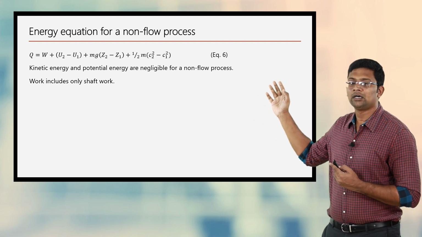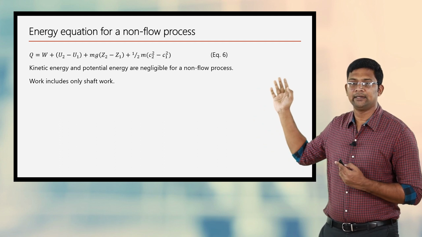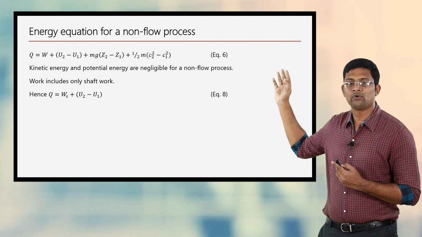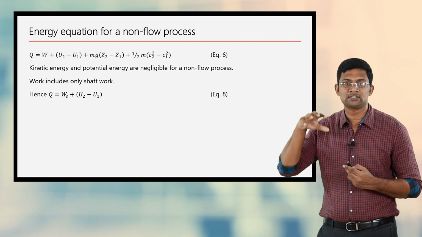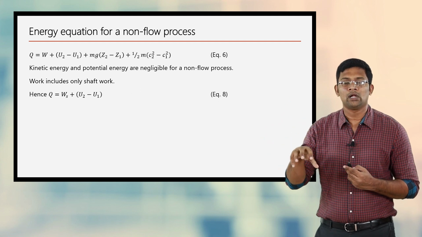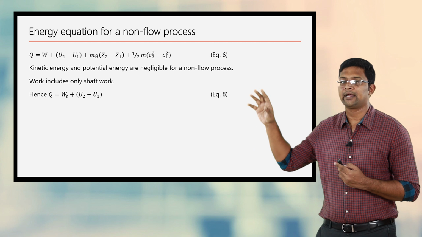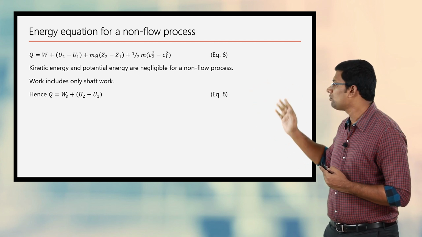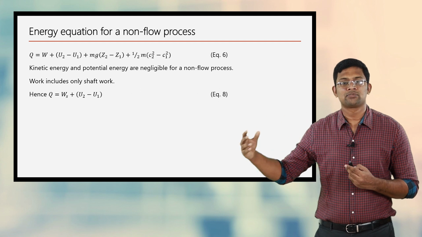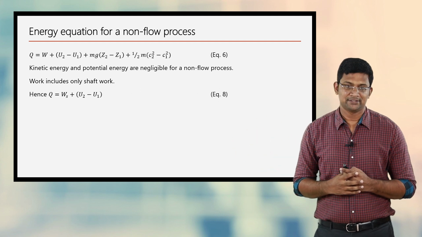So neglecting the terms of potential energy and kinetic energy, that is the third and fourth terms, we will be obtaining Q is equal to Ws, because for a non-flow process, work done is only the shaft work indicated by Ws. So Q is equal to Ws plus U2 minus U1. You can neglect the terms of kinetic and potential energies.